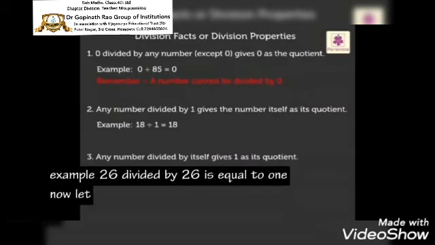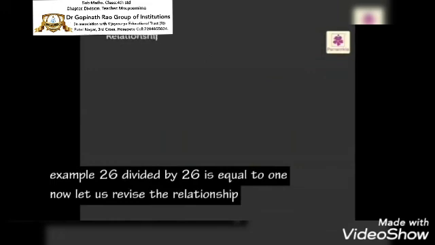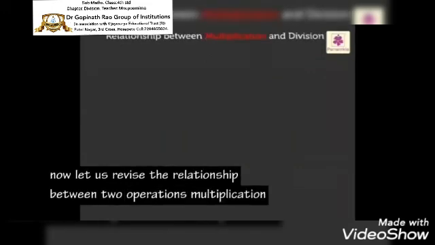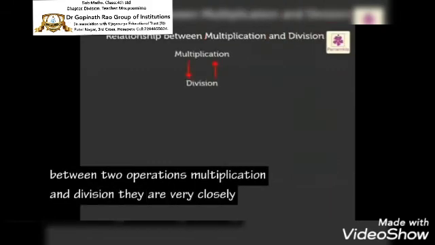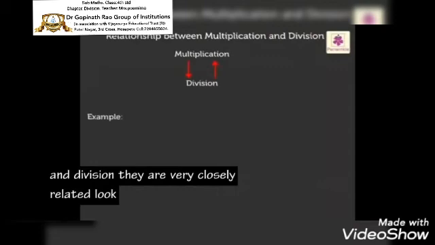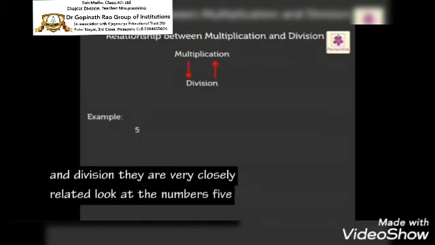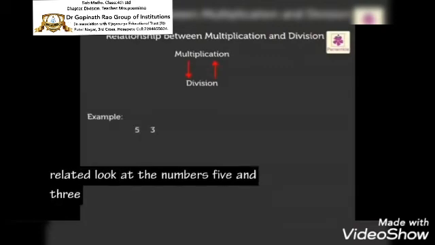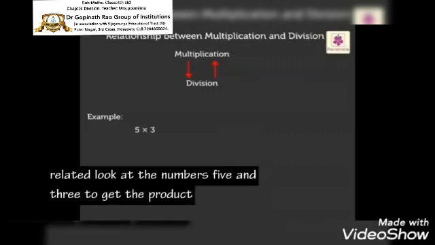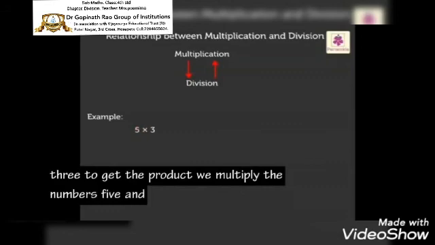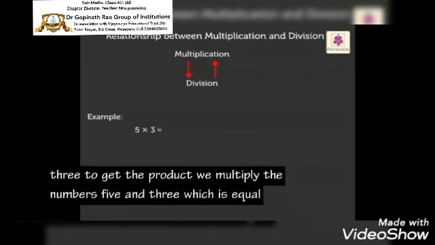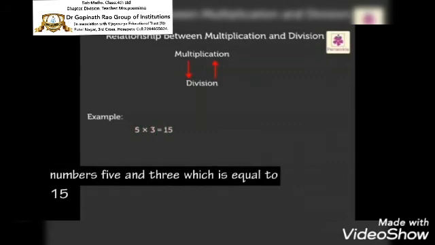Now, let us revise the relationship between two operations, multiplication and division. They are very closely related. Look at the numbers 5 and 3. To get the product, we multiply the numbers 5 and 3, which is equal to 15.